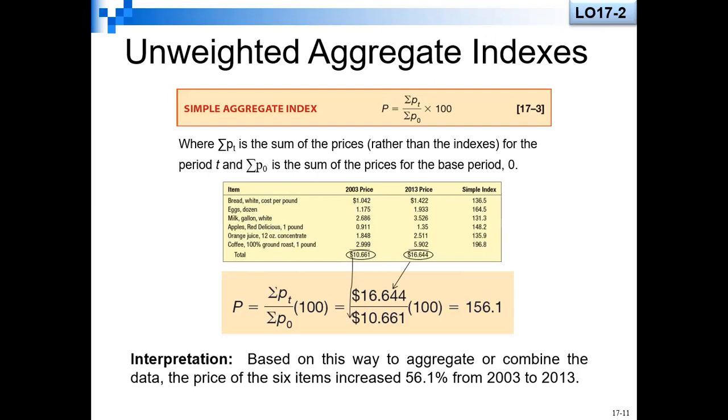In 2013, the very same items you bought for the prices that are listed there, you just add them up. And then you divide the sum of the prices of one period by the sum of the prices for the base period, and you get 156.1. That means that the data shows that the price of these 6 items increased by 56.1%.